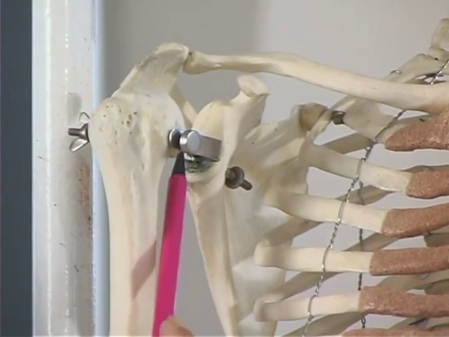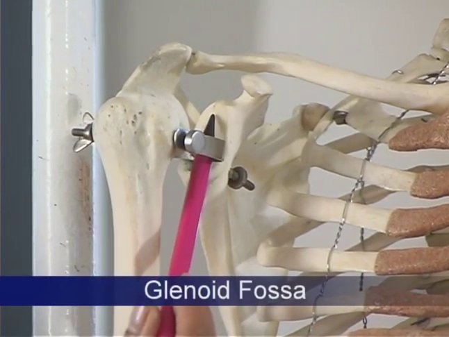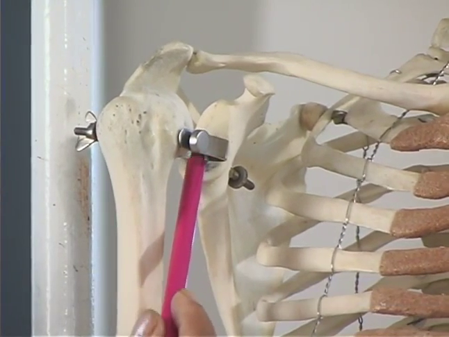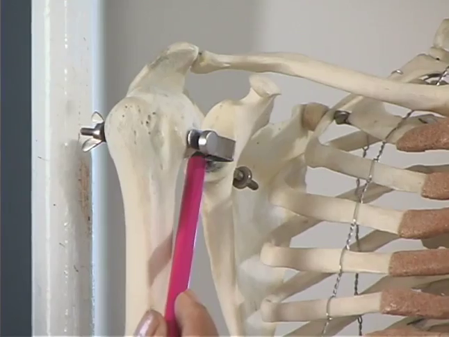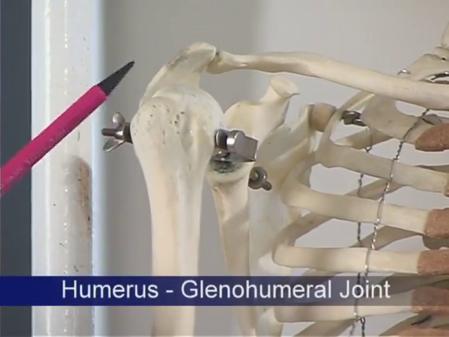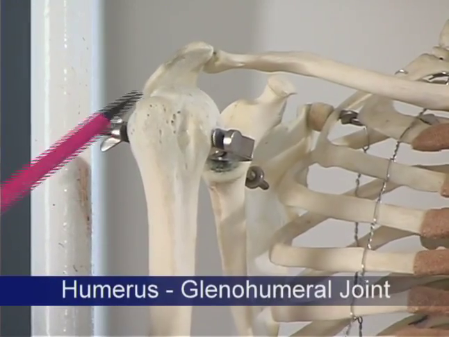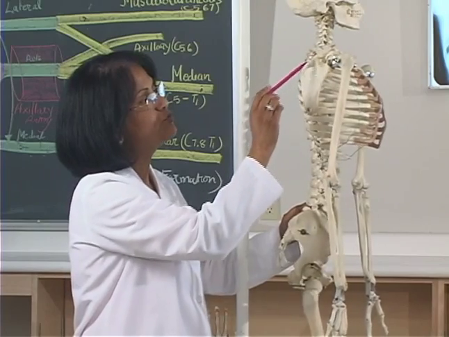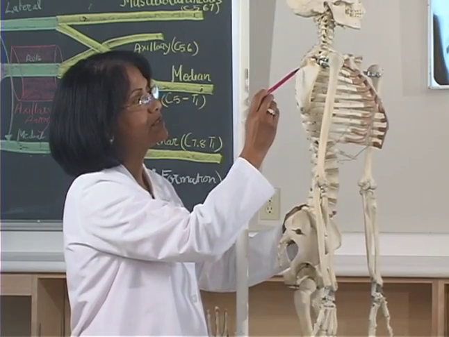The lateral angle contains the glenoid fossa or glenoid cavity. This glenoid cavity articulates with the head of the humerus and forms the glenohumeral joint or the shoulder joint. There are 2 processes.